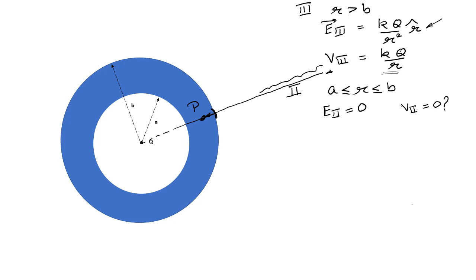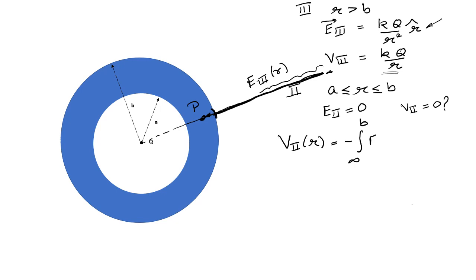So if we were going to calculate the potential at R, we have to first travel from infinity to B. So we have to first traverse this path, and in this path the electric field has the function of E3.